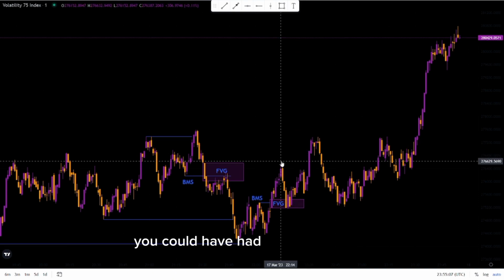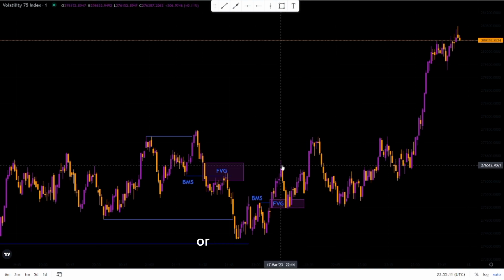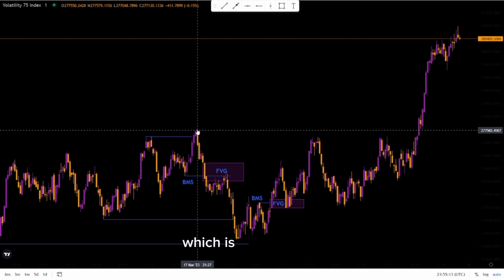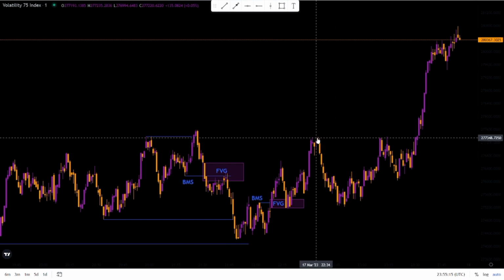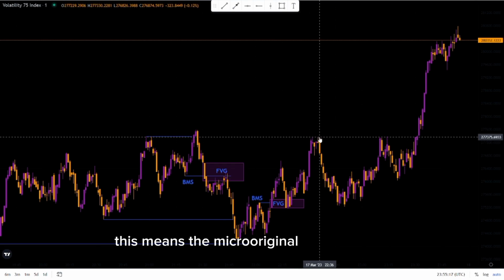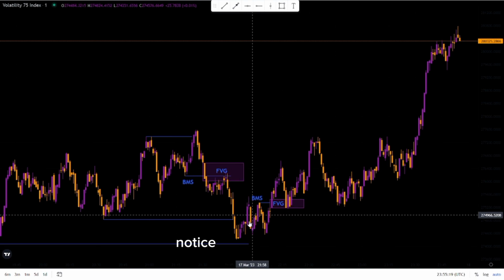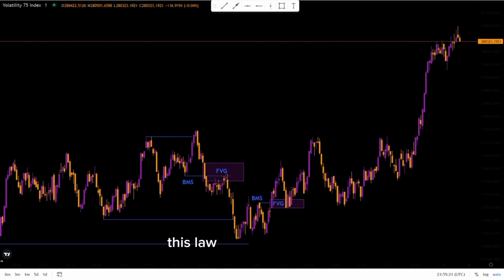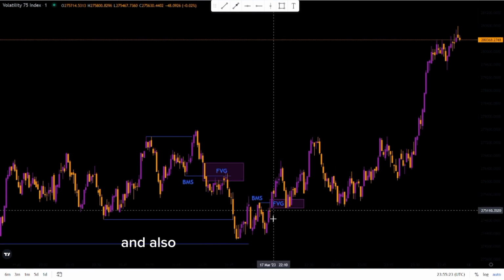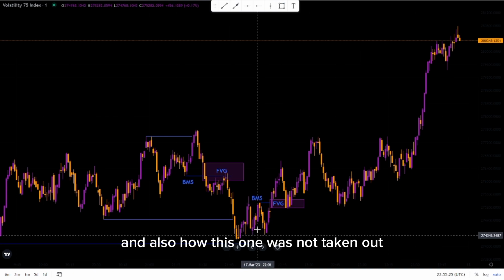So you could have had your target here, top of this high, or target this one, which was not hit. This means the market was in a consolidation. Notice how this low was not taken out, and also how this one was not taken out.